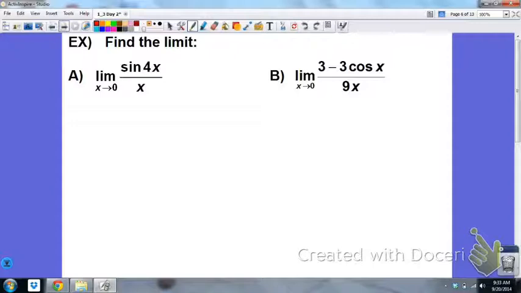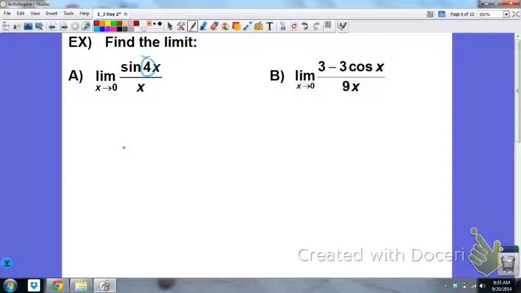Also included in these problems is the properties that we discussed on Friday. So what we can do, because of our properties, we have this 4 inside here. The limit as x approaches 0 of sine 4x over x.